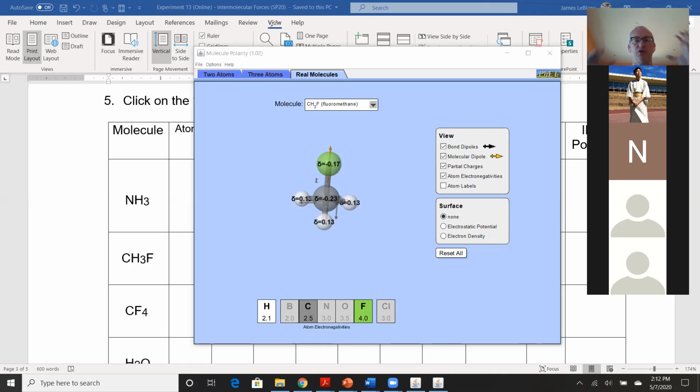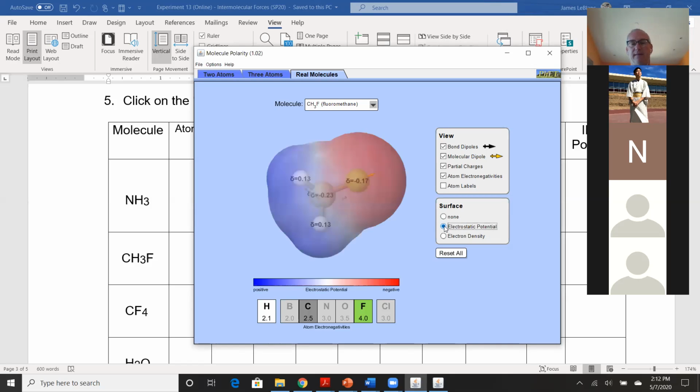If I have two fluoromethane molecules together, can they interact in a dipole-dipole orientation? If I draw it like this, maybe it'll be a little easier to see. Can that molecule have a dipole-dipole interaction with another fluoromethane molecule? What do you think?